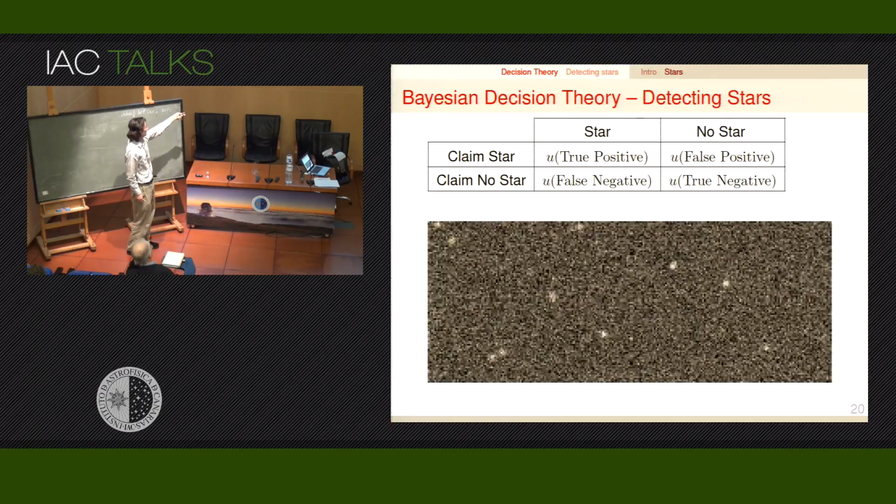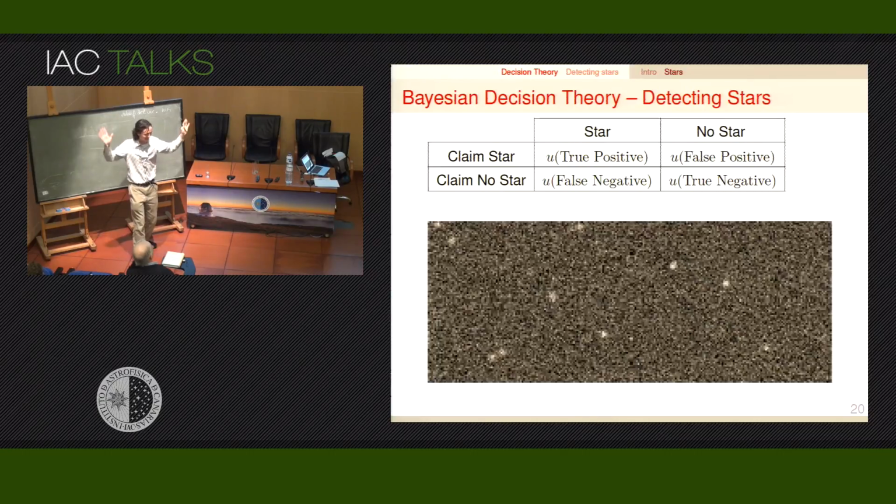And these things have really creative names that are common in science: true positive, false negative, true negative, right? The positive or negative part is whether the thing is actually there or not. Did I write it down wrong? Oh, no. True negative.